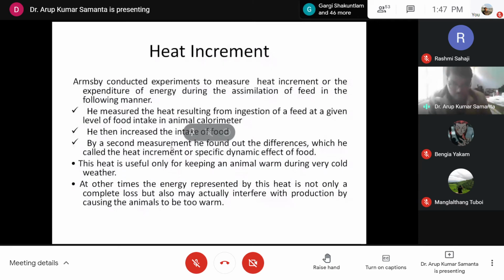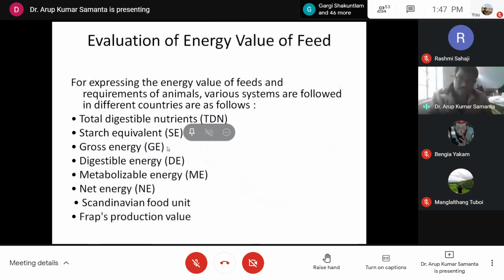Then, as I was talking, we have to provide the energy. How to evaluate the energy value of the feed? There are several ways by which we can express the energy value of the feed, or express the requirement of the animals. Generally gross energy is not considered to express the energy value of the feed.